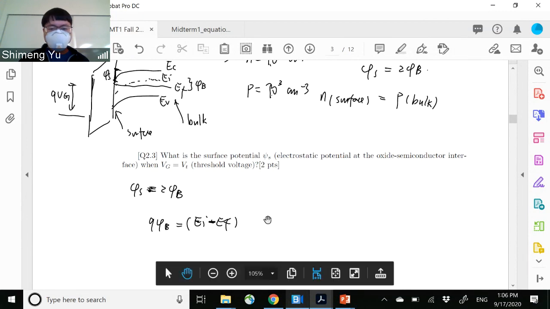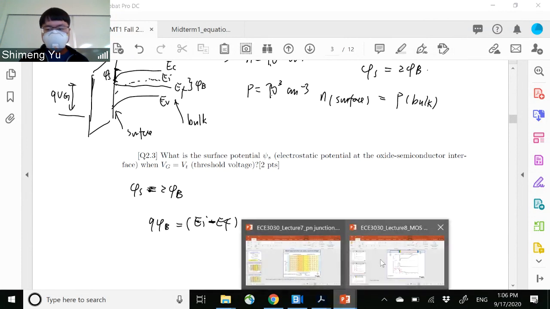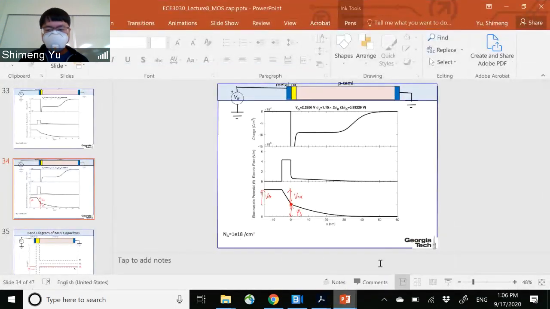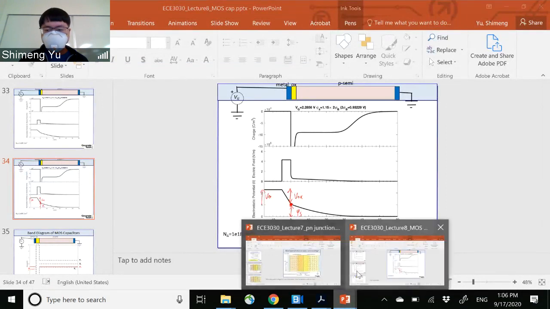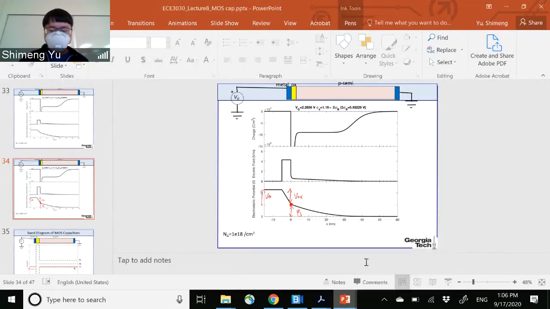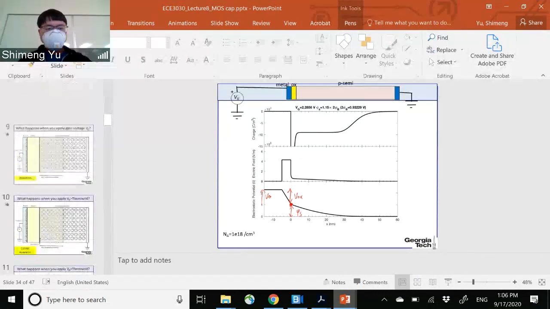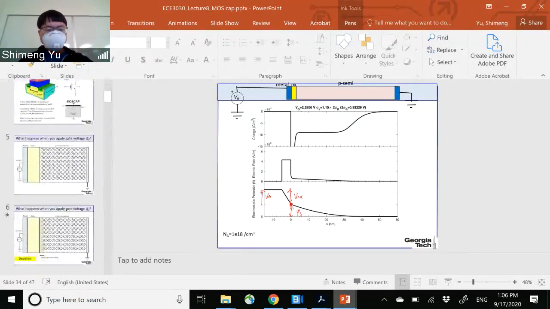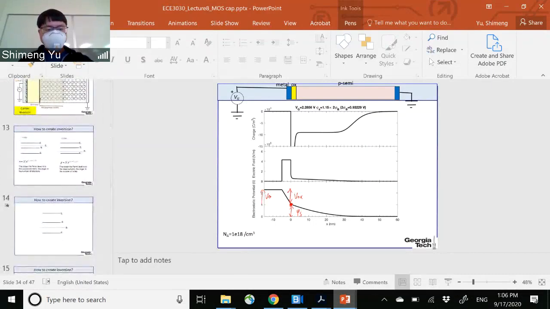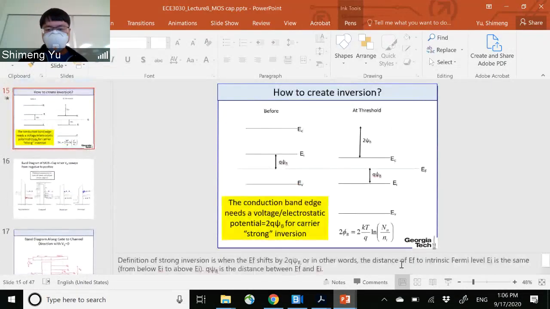You can directly use the equation, let's say from the, I think we have one here. So you can get the phi b here is the difference between EI and EF.